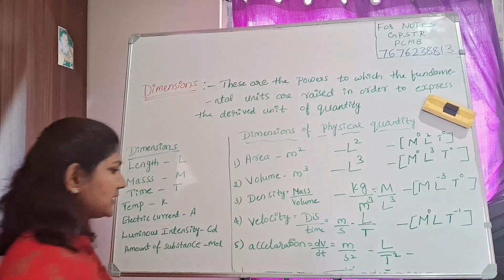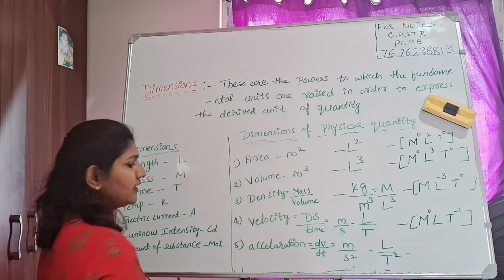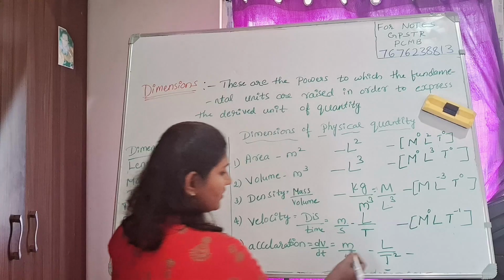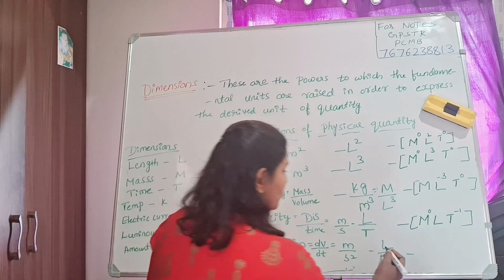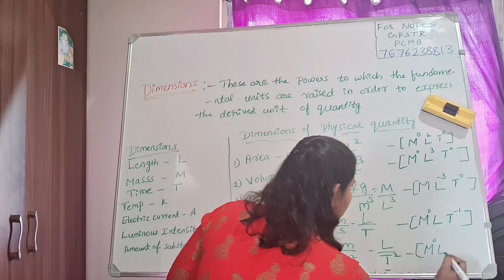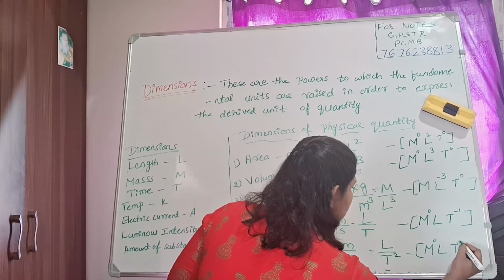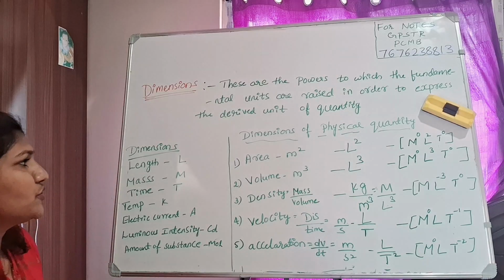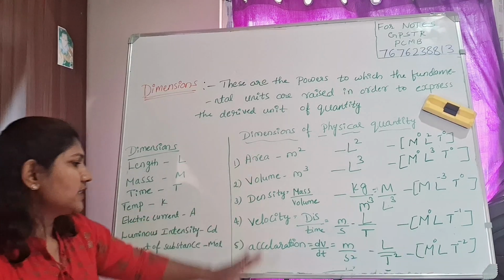Then acceleration is the rate of change of velocity with respect to time, meter per second square. There is no mass, M to the power 0, L, and T to the power of minus 2. So these are the dimensions for these derived physical quantities.